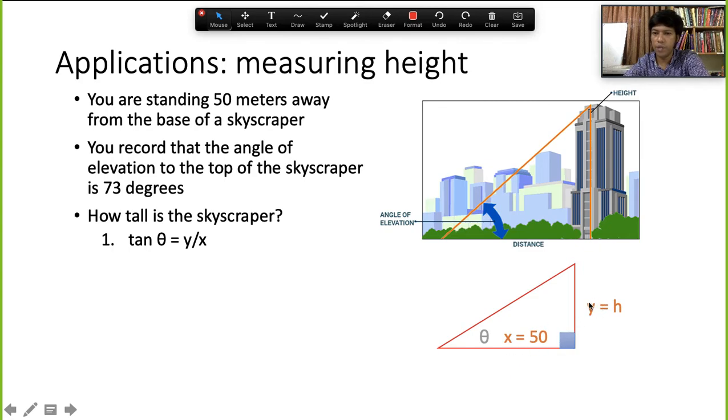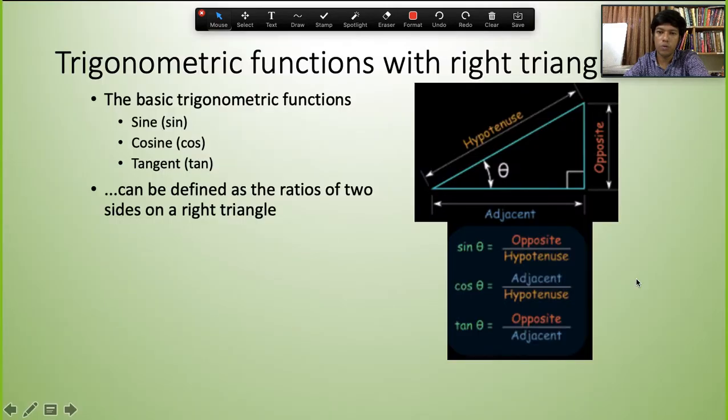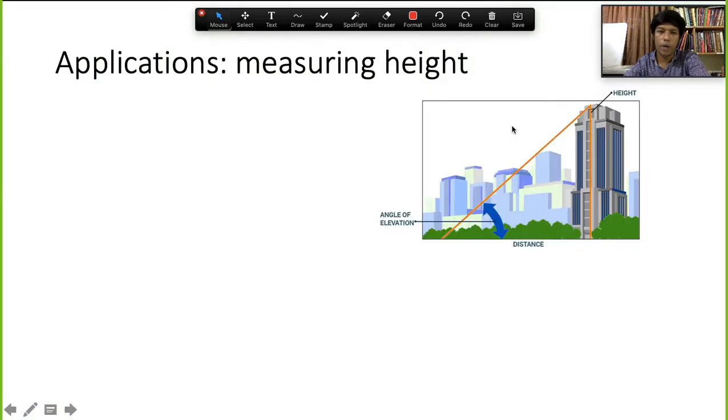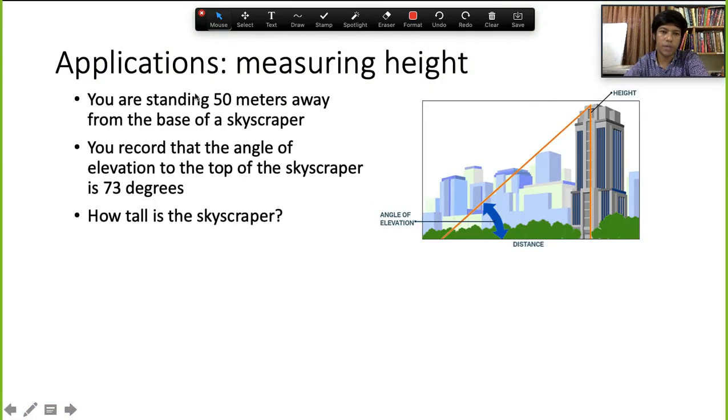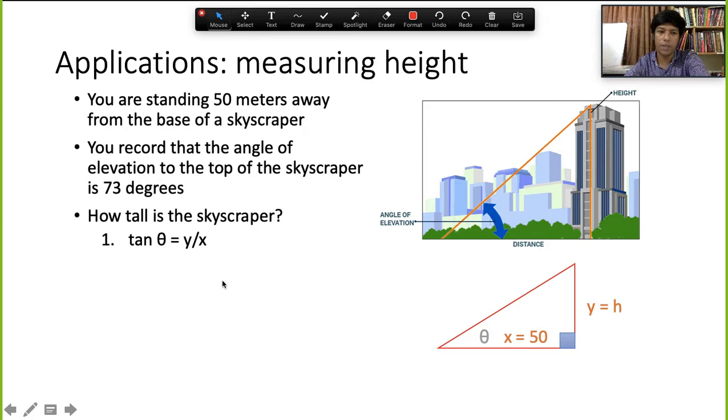Tan theta formula is opposite divided by adjacent. The adjacent value is given, we have to find the opposite. And if you go to this page, you see the other two are hypotenuse related. In this question there is no hypotenuse involved. That's why we are using tan theta.